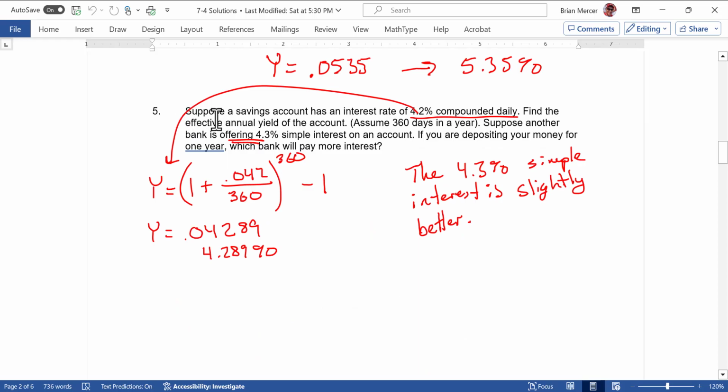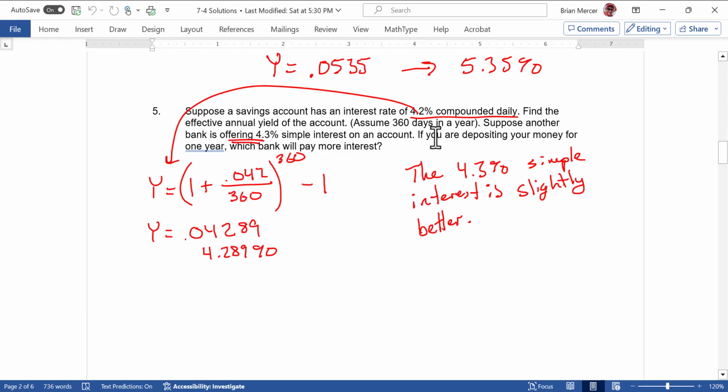So question 5 asks you to actually compare two things. Suppose you've got a savings account with interest rate 4.2% compounded daily. Assume 360 days in a year. Suppose another is 4.3% on an account, and that's just simple interest.